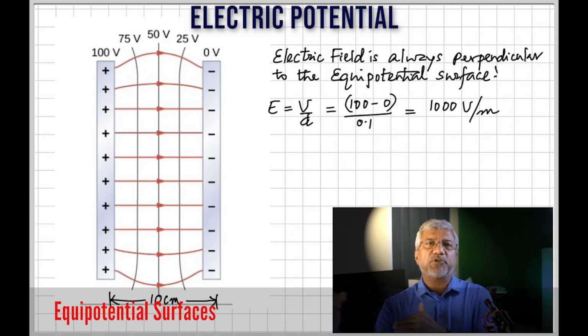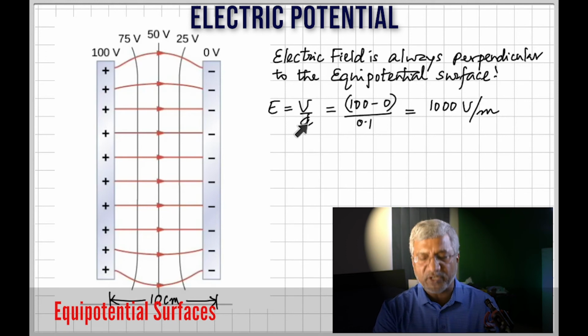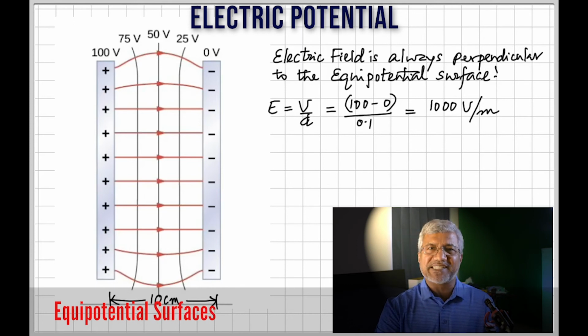So you see there is a potential gradient as you move from one point to the other. If you take that potential gradient and divide it by the distance moved, you will get the strength of the electric field. So, for example, if the distance between these plates is 10 centimeter, which is 0.1 meter, when you move from one to the other, the change is 100 volt.